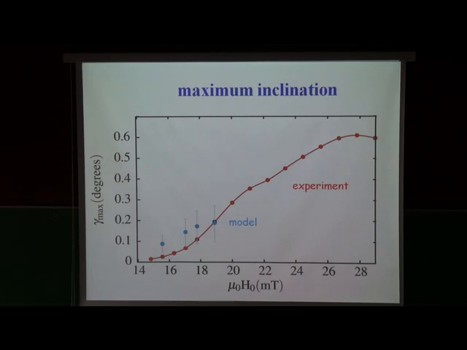Of course, we have only 4 data points here, because in this regime we cannot easily measure the height of the liquid anymore, because of the steepness of the layer. Here we have the Rosensweig instability, and you cannot measure the inclination of the Rosensweig instability with a laser. You have to have very shallow waves to do so. So within the Rosensweig instability, we cannot measure the height, and so we cannot make any predictions there.